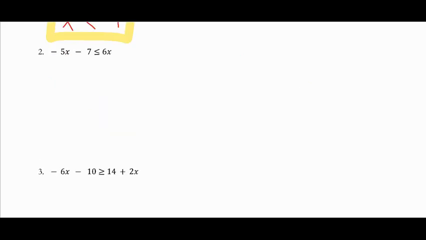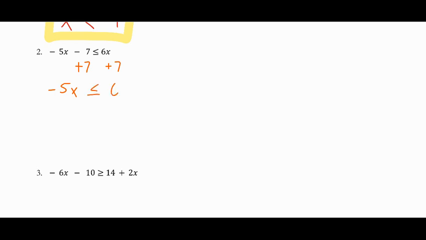All right, number 2, same deal. We need to do our addition and subtraction first, and then multiplication and division. So for number 2, we need to go ahead and add 7 to both sides. So we're left with negative 5x is less than 6x plus 7.